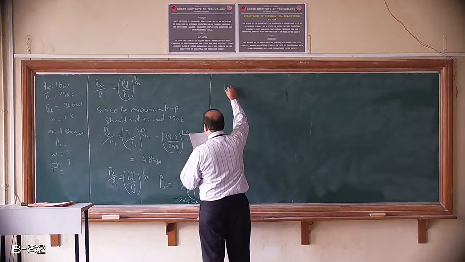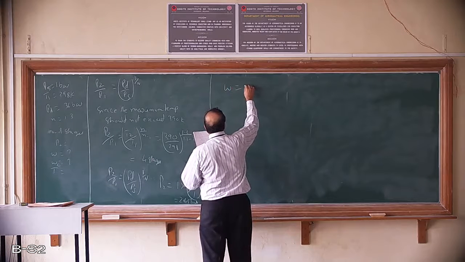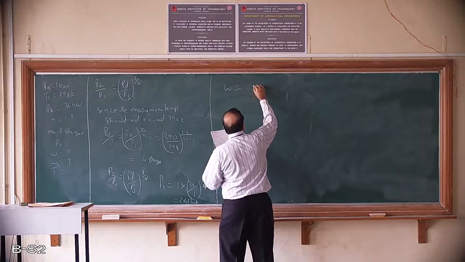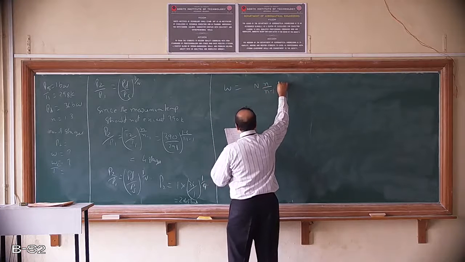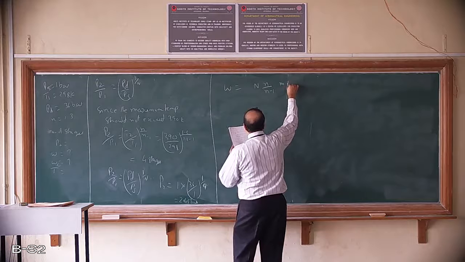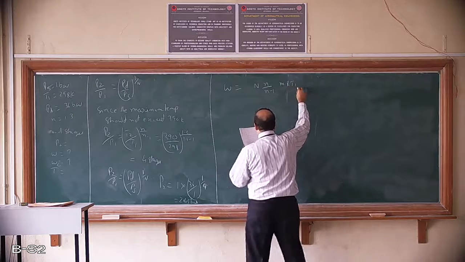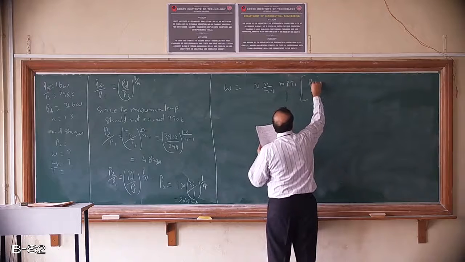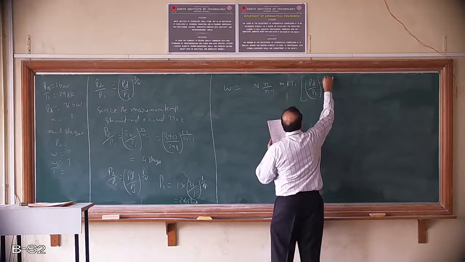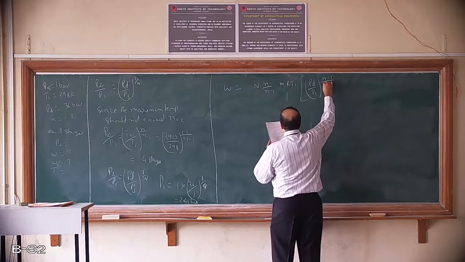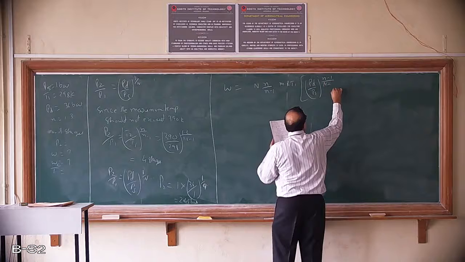So work done for a multi-stage compression, work done is N into N by N minus 1 MR T1, okay. This is PD by PS to the power of N minus 1 by N into N minus 1.